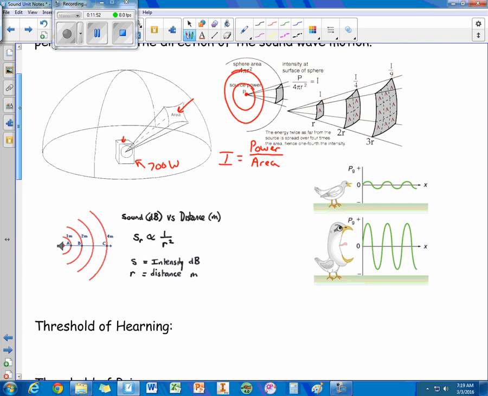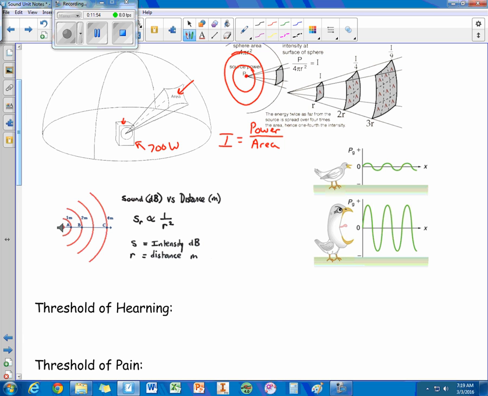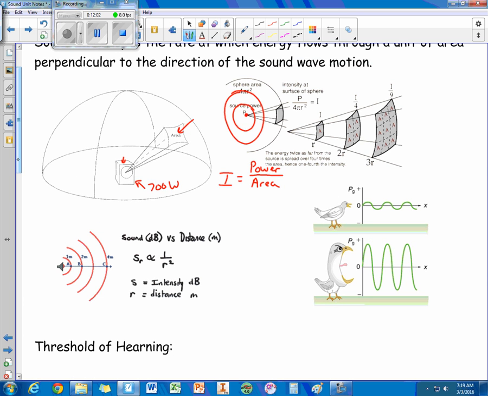So for a lot of our purposes, since these sound waves are spherical, let's take a look at this example right here: everything along this wave front would have the same intensity. So we have to figure out what exactly is the area.